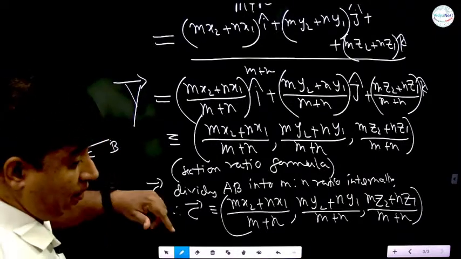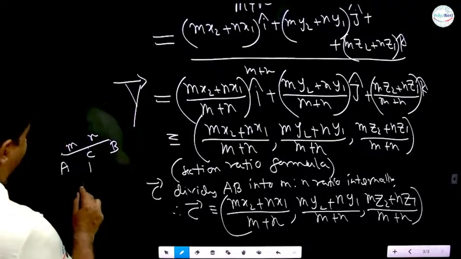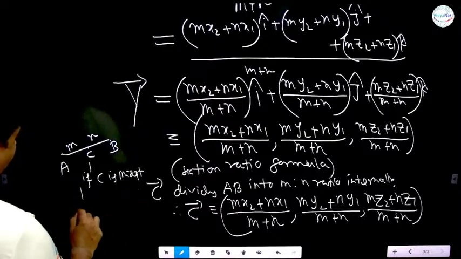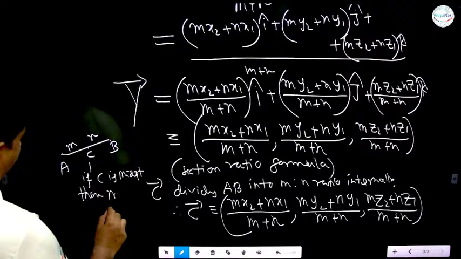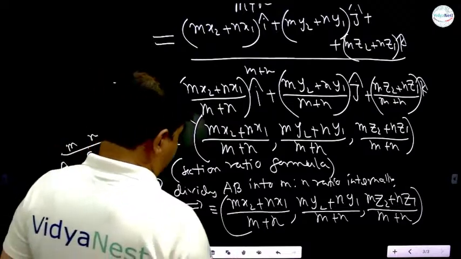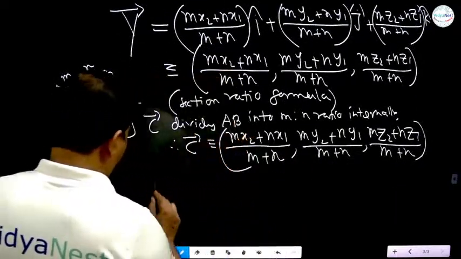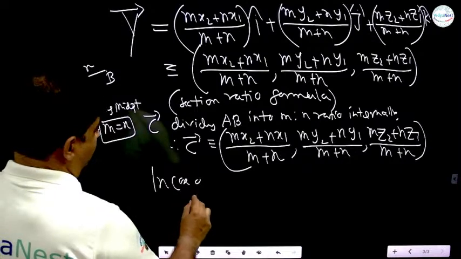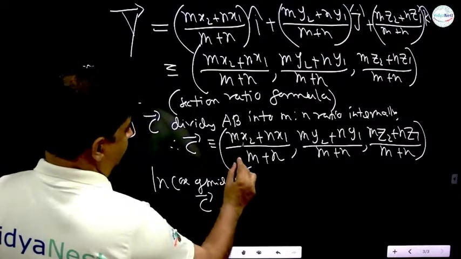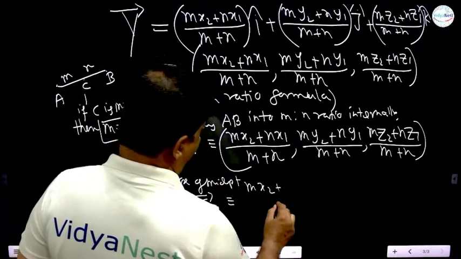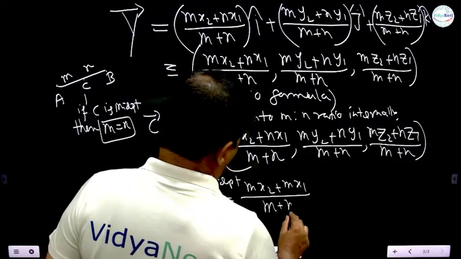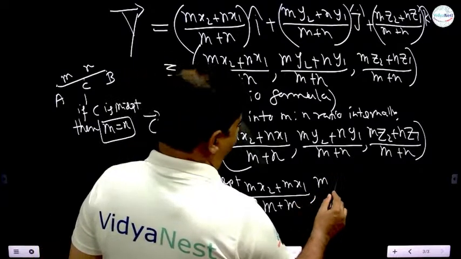Now, had it been equal, means if C is the midpoint, then M will be equal to N. So, in case of midpoint, C will become m x2 plus m x1, m y2 plus m y1, and so on.